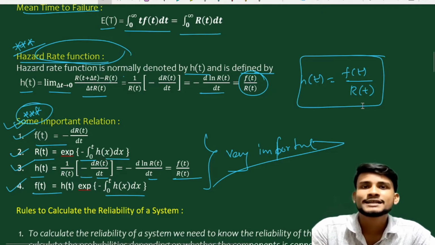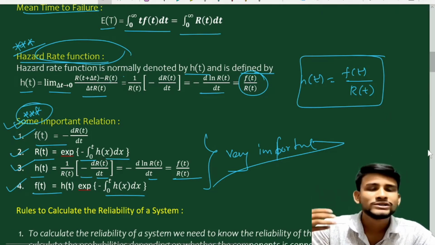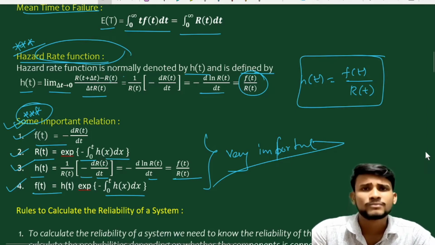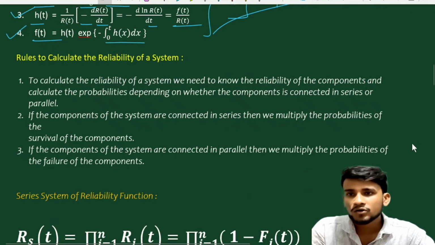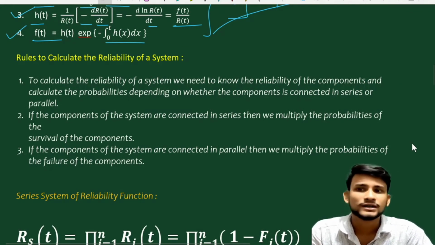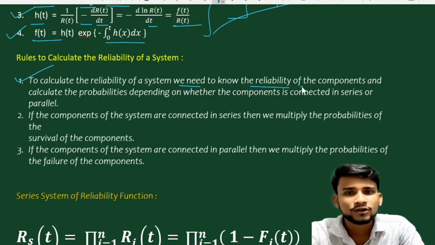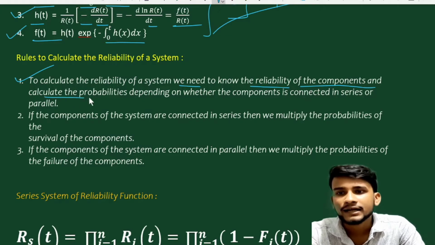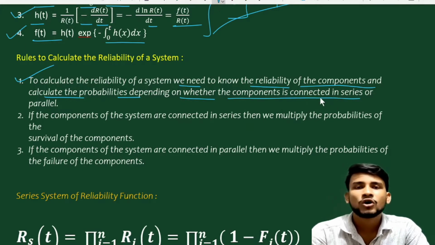Now there are mainly two types of problems: one comes from the hazard rate function and another comes from system reliability. That is, you have to calculate the reliability of a certain system provided in either series form, parallel form, or a mixed format. So how do we calculate the reliability of a system? We need to know the reliability of the components and calculate the probabilities depending on whether the components are connected in series or parallel.